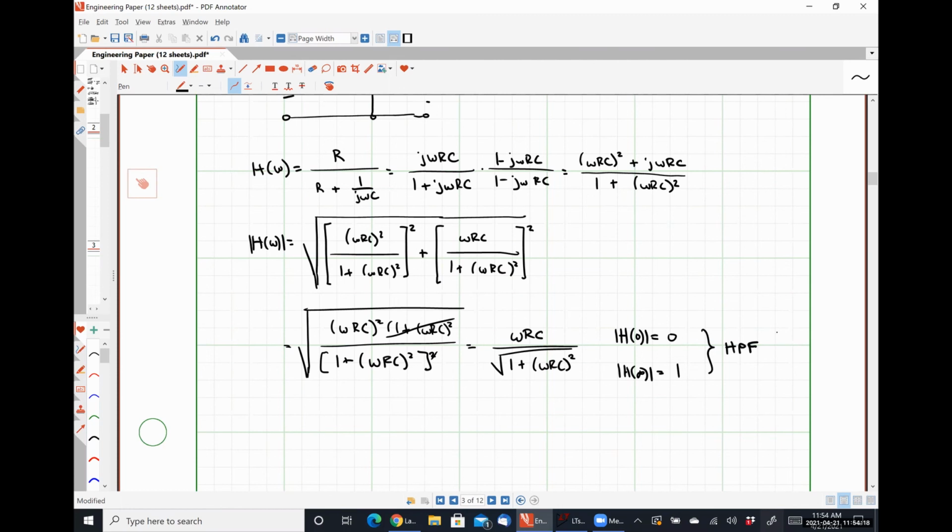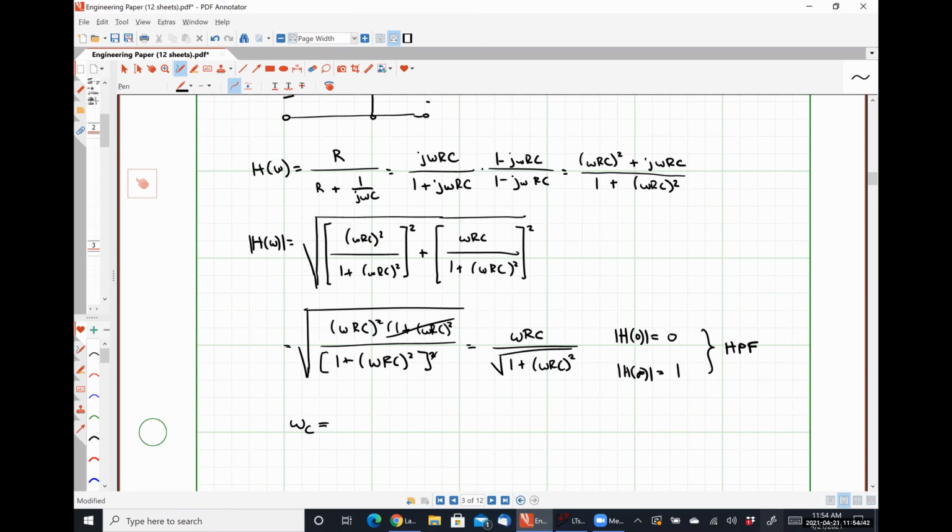Our corner frequency, or our cutoff frequency, what do you think it's going to be? We need this to look like 1 over the square root of 2, right? So what value of omega makes that happen? 1 over RC. Yep. Nothing hard about it.